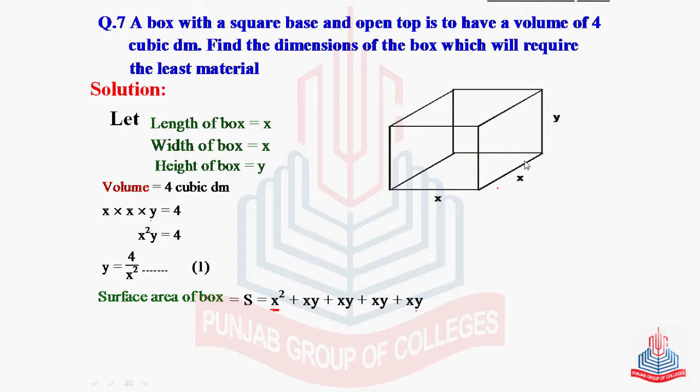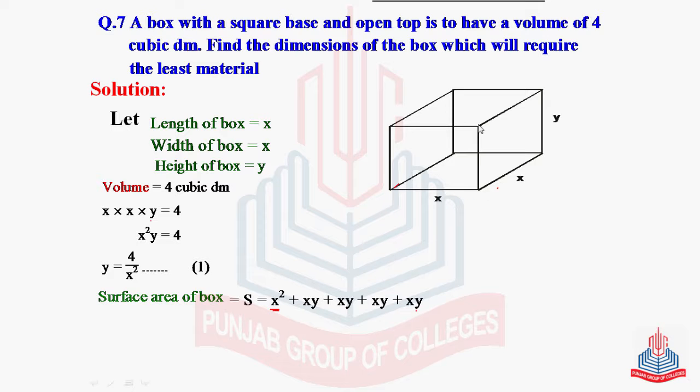Similarly, the side opposite to that one is this one. The area of this side will also be xy, as this one is x and this one is y. And similarly, the backward side, this one is x, this one is y, so that will again become x into y. And the frontward side, which is this one, x into y.